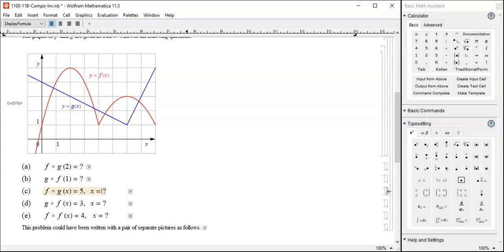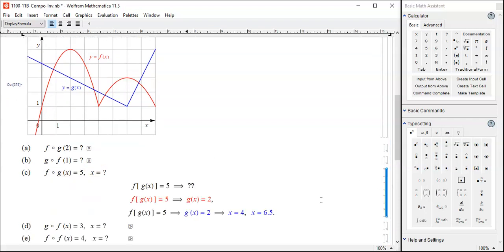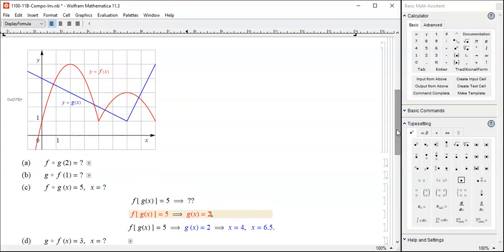F of g of x is equal to 5, so the outside function is f, so we have to look at the red function first. The function value is 5, so the y-coordinate is 5 here. We have only one point here, where my mouse is, and that x-coordinate is 2, so the inside is 2. G of x is equal to 2.